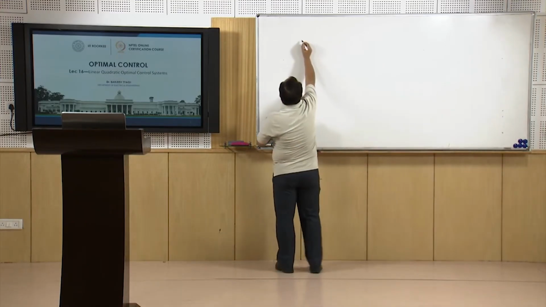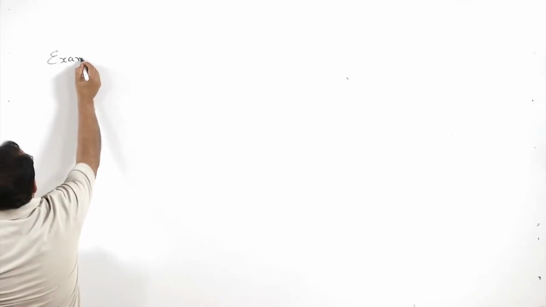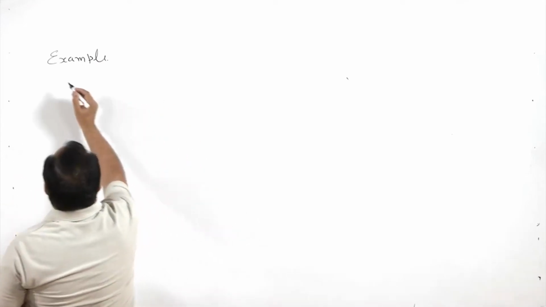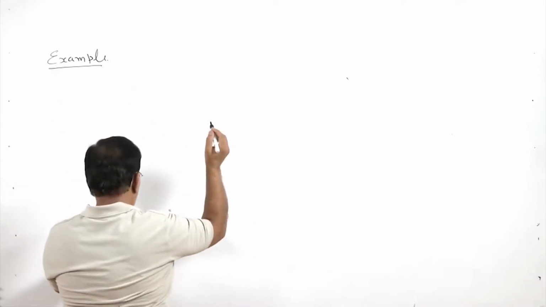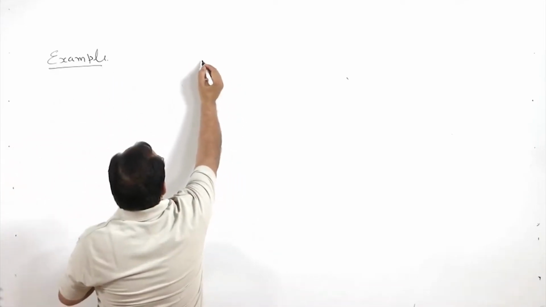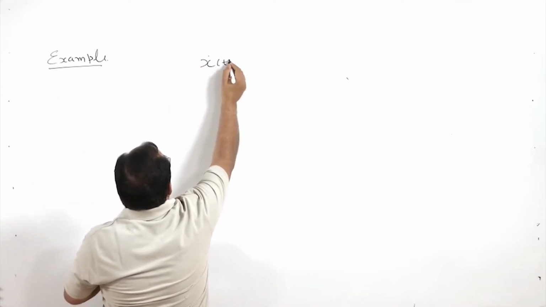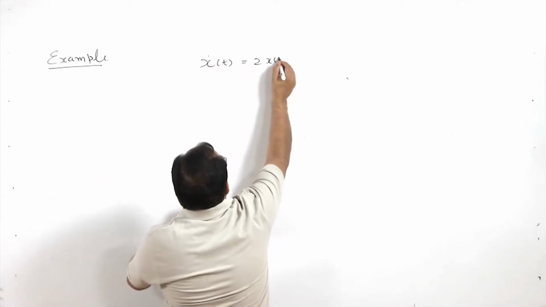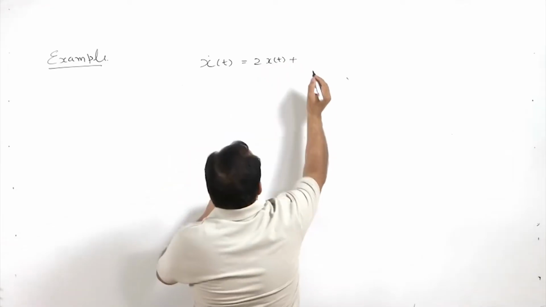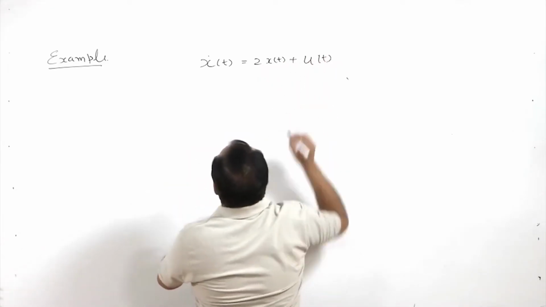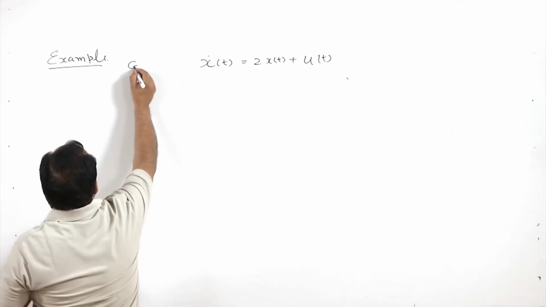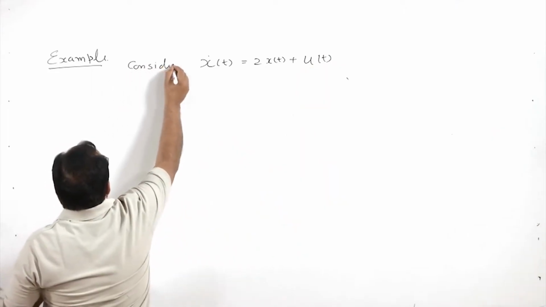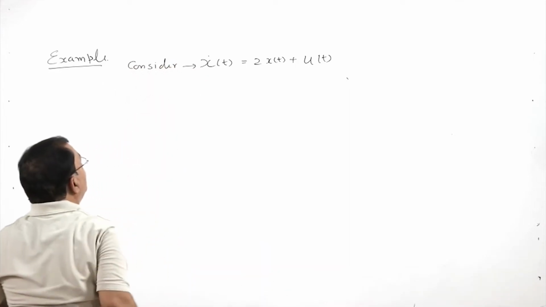So, we take an example. Let us consider a first order system as x dot t equal to two xt plus ut. Consider this system.